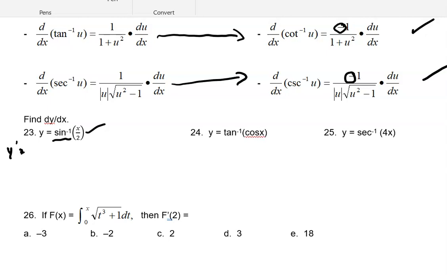So we would be able to look up at the top, know what our derivative of inverse sine is: 1 over the square root of 1 minus u squared. u is always that inside term, so x over 2. So what most of my group did is they did that, simplified the inside, looked for that answer, and that answer was nowhere to be found.